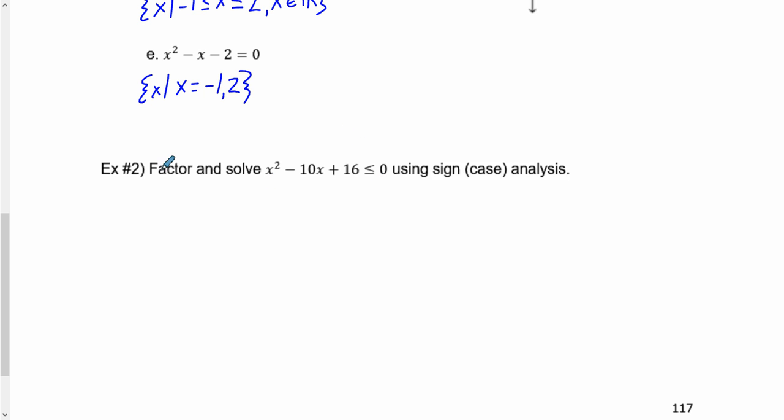So the first thing we want to do is factor. It's a simple trinomial, so we can just do our two brackets. Product of 16 and a sum of -10. Hopefully in your heads you're saying it's -8 and -2, which means it hits our x-axis at +2 and +8.